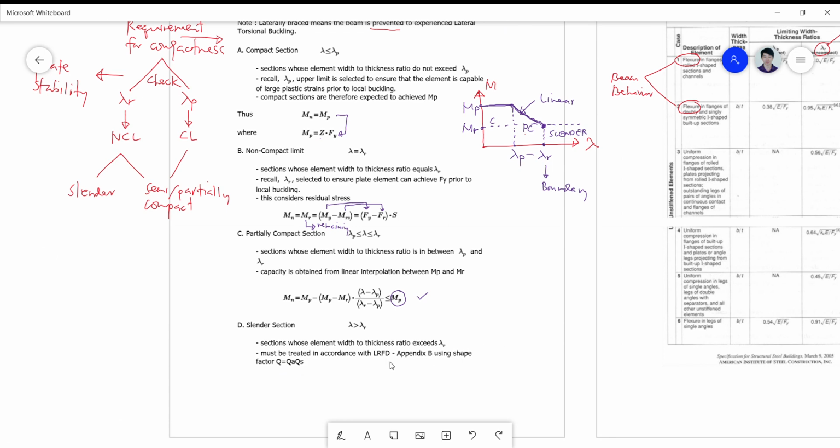So there's a formula I have not placed here, but we'll try to look into it later. I did not give it because I want you to take note that the slender section is not a very good section to deal with. So always we must avoid such design of steel sections behaving within this range of slenderness.